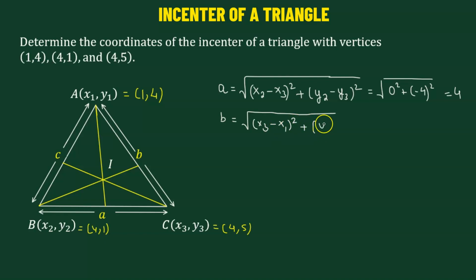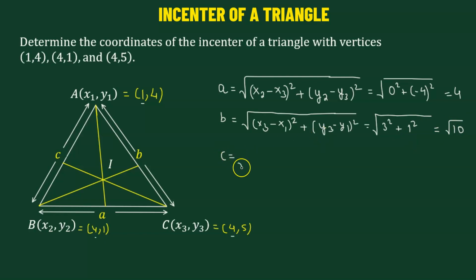Plus the difference of the y coordinates, so that's y3 minus y1 whole square. So x3 is 4, x1 is 1, so we have 4 minus 1, which is 3, and 3 squared. Added to y3 minus y1, that's 5 minus 4, that's 1, so we have 1 squared. 3 squared is 9, 1 squared is 1, so we have the square root of 9 plus 1, that's going to be the square root of 10.